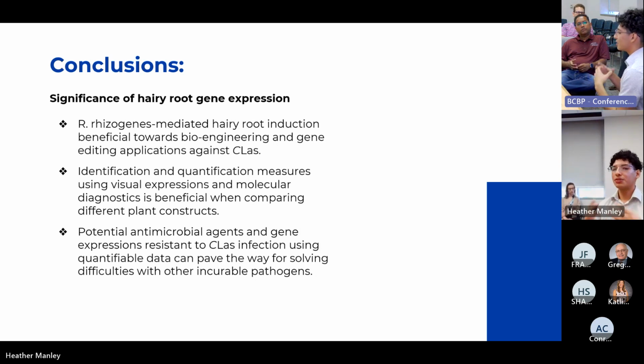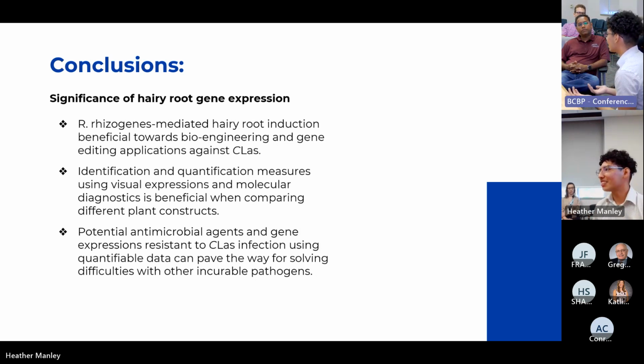Basically, since we know that rhizogenes are a more preferable place for CLAS to form, that's non-invasive to the plant. We don't have to cut off branches. We don't have to hurt the plant necessarily. Roots are relatively easy to work with, and they grow so fast. You don't really have to worry about any damage to the plant as a result of chopping up a whole bunch of roots, for instance.